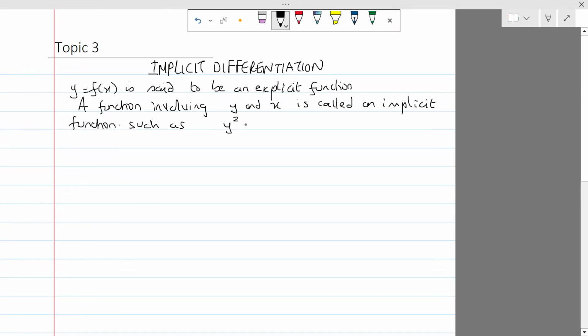let me write y squared plus 4x equals y cubed minus 5x squared, or sine of y plus 6x squared equals 1. So this is called an implicit function.